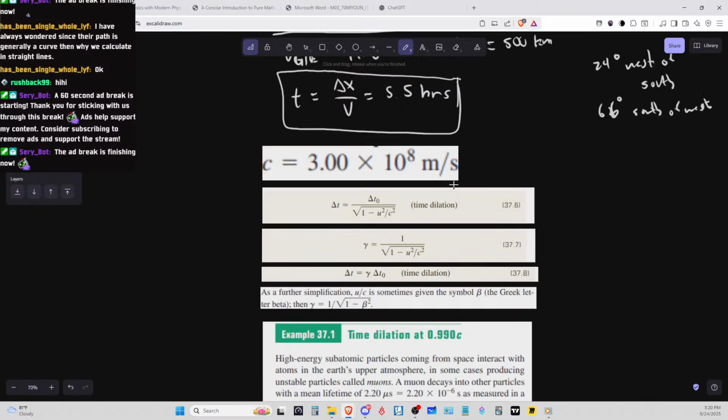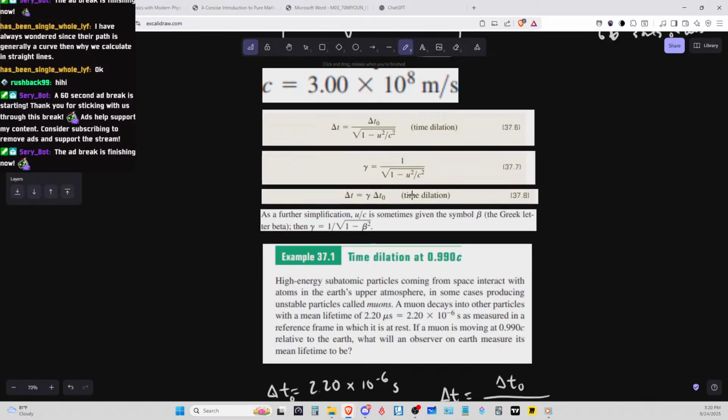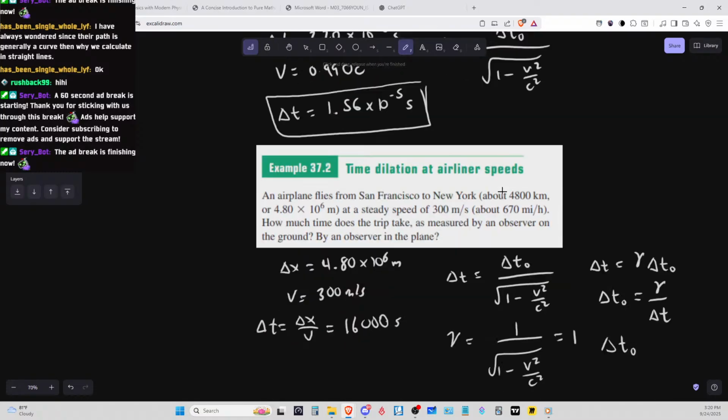Did I put the equation right? Yeah, it's gamma. So the proper time is going to be 1 over. Oh, maybe that's the difference. So that's how much time is kind of changing between the two.